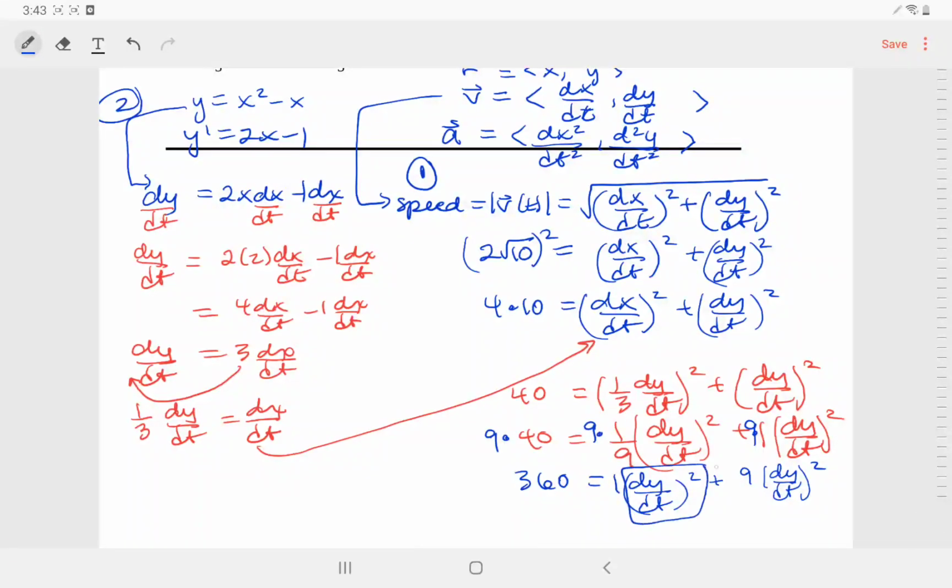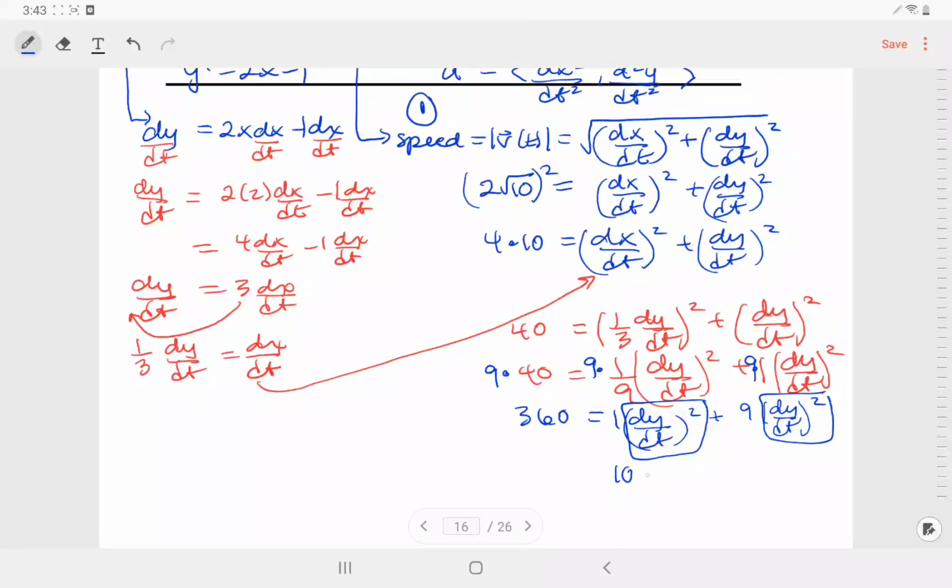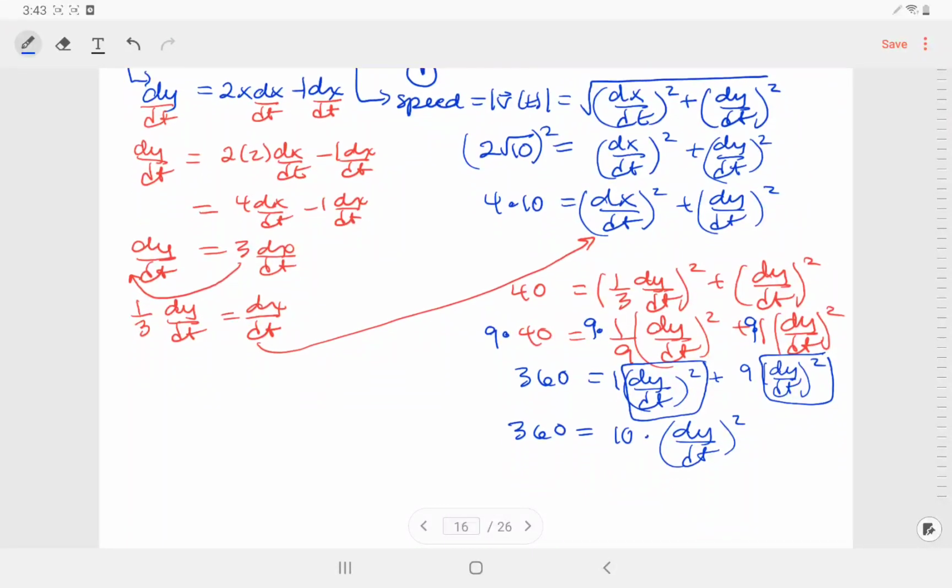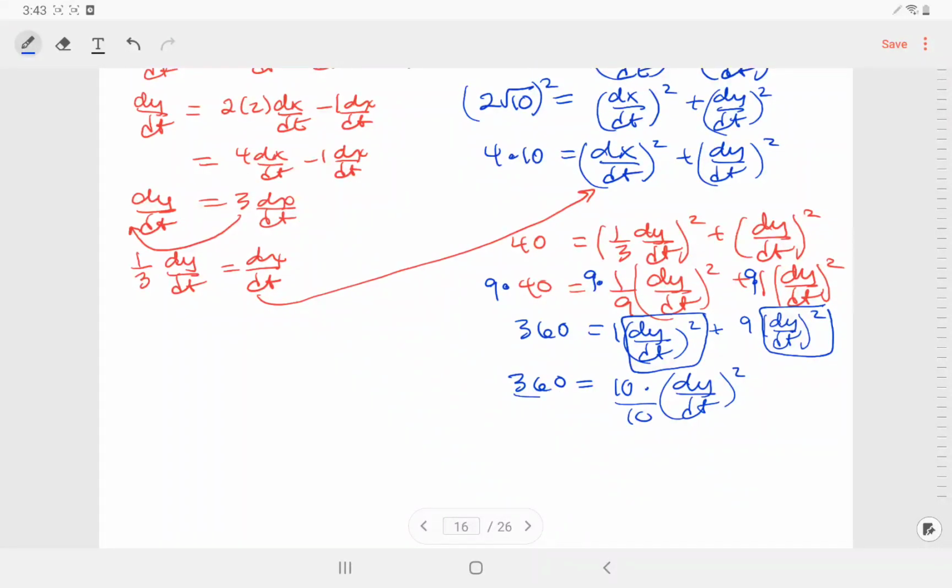I'm going to call it box. So I have 1 box plus 9 boxes, which is 10 boxes, and this is what's in my box. 360. I'm feeling happy because when I divide, I'm getting a perfect square. I do get plus or minus.